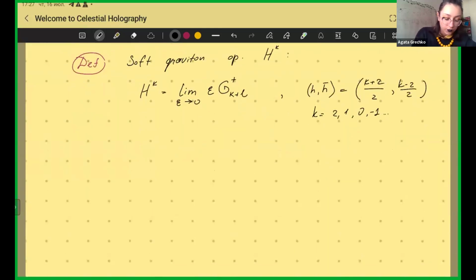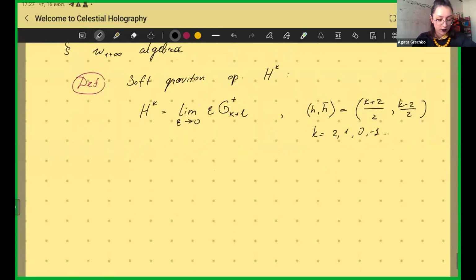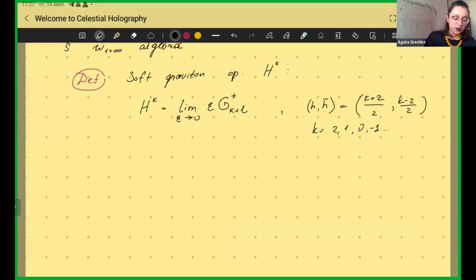So what we do now is we use operator product expansions to find the commutators of fields.